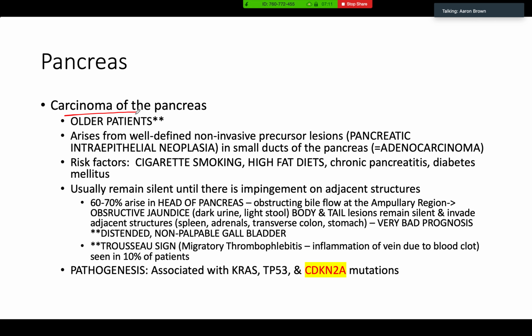So carcinoma of the pancreas, we really do look for older patients, and this is going to arise from a non-invasive precursor lesion. If there was some way to detect this lesion, we would be able to prevent 99% of pancreatic cancer. The problem is, a lot of times, these are in the small ducts of the pancreas, and we really have no idea. There's no way to know that there's these tiny little lesions growing in the pancreas.